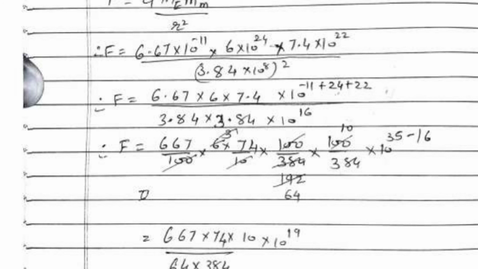So what you will have in the numerator is 667, then this 74, right. And in the denominator what will remain is this 64 and this 384, correct. And here one 10 is also remaining, sorry, 1 10 is remaining, so this 10 is here. Okay, so in the numerator I am having 667 into 74 into 10 raised to 19 upon 64 into 384.